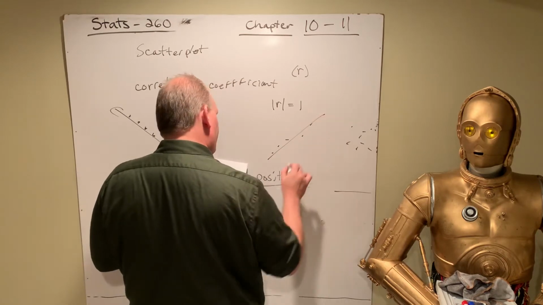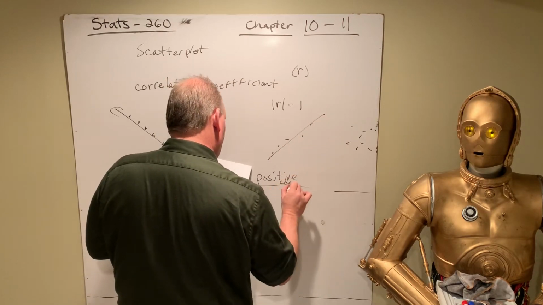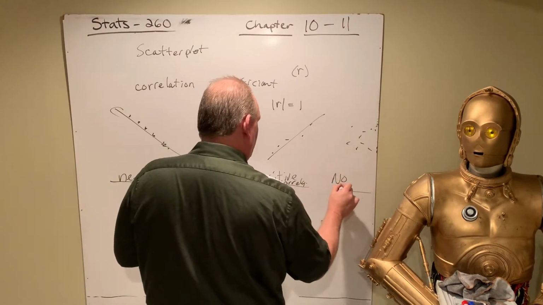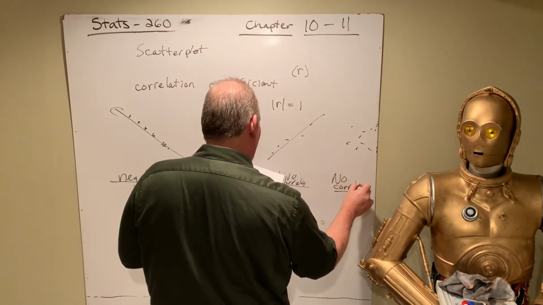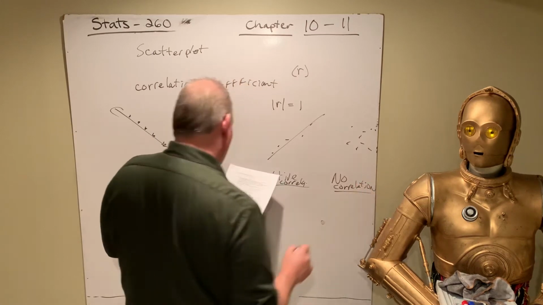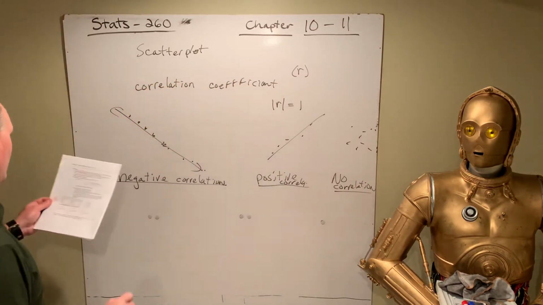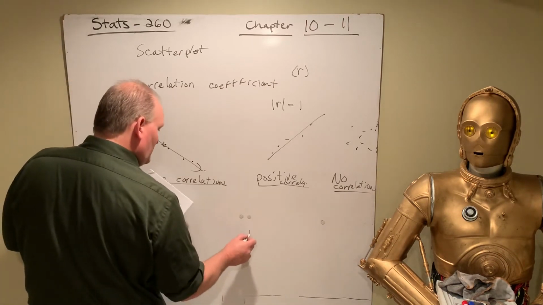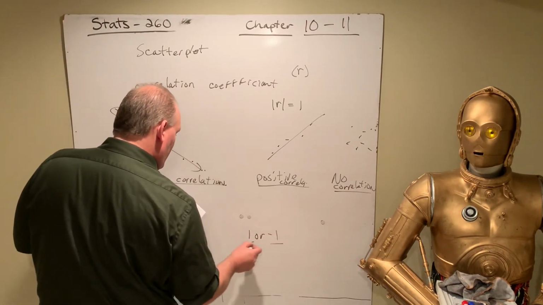It's going up. And this one is just a bunch of dots everywhere. That's no correlation, so you shouldn't fit a line to that because it's clearly not linear. The closer it is to 0, the worse. The closer it is to 1 or -1, the better.